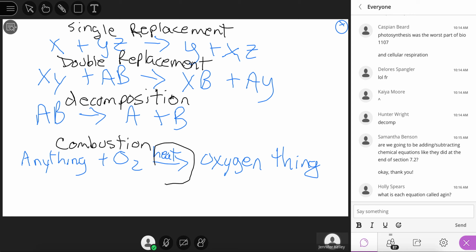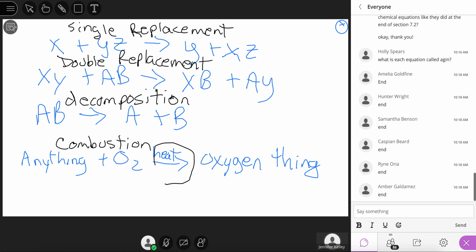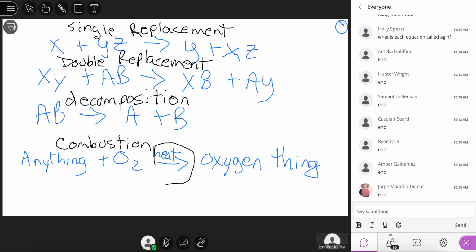All right, so let's also mention the reactants and products. So in a factory, do you start with a product or do you end with a product? So you're going along, right, you end with a product. It's the same thing in chemistry.